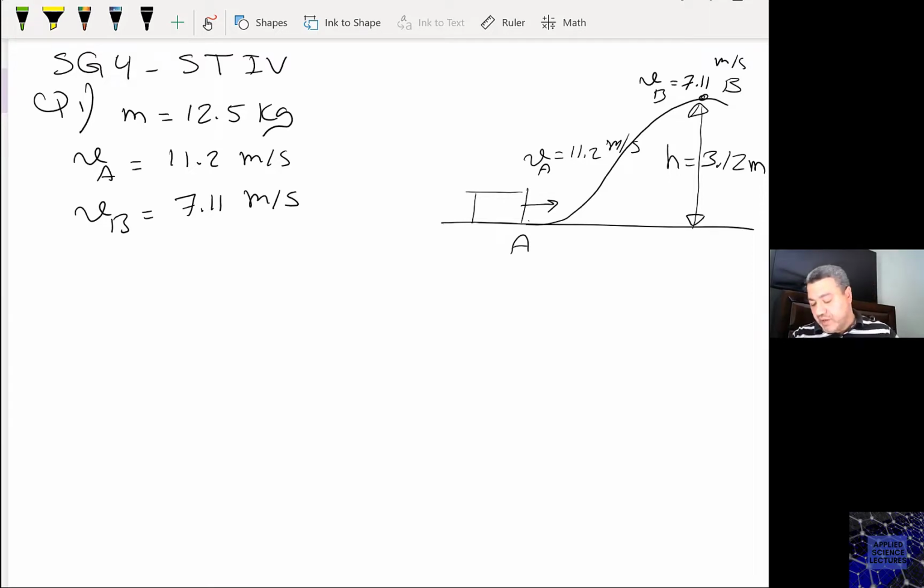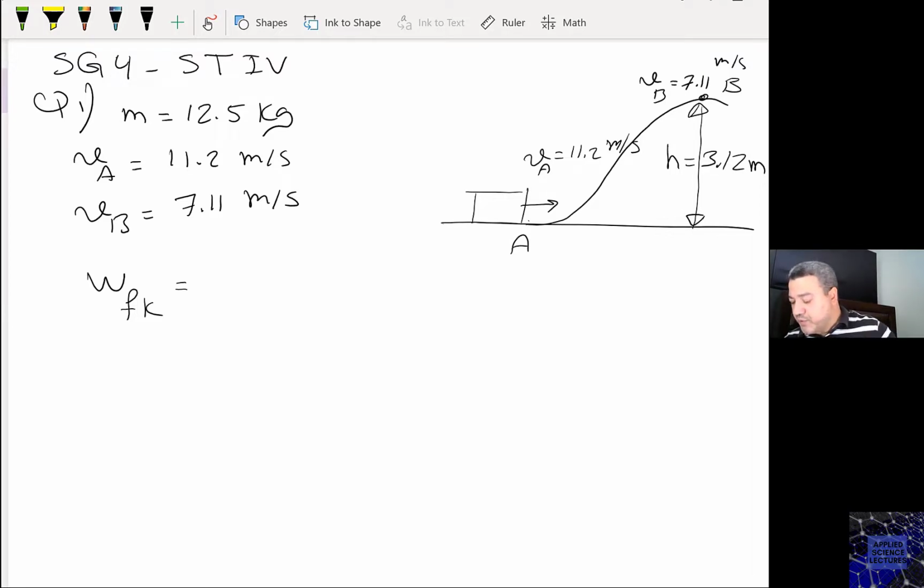So we can look at it as the thermal is the opposite of the friction. In this case, I will write the equation such that the total work due to the kinetic friction will be the difference between the energy at point B and point A.